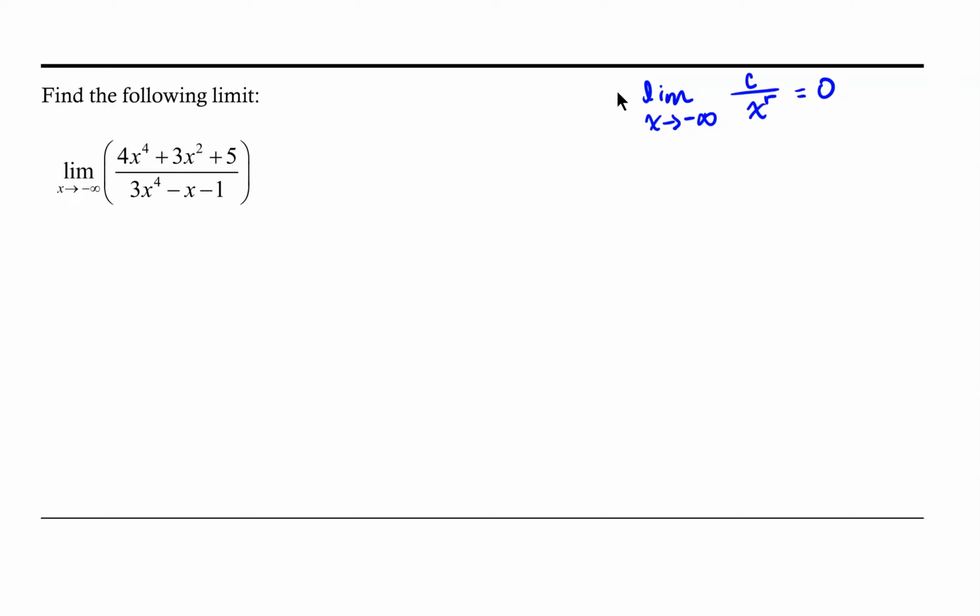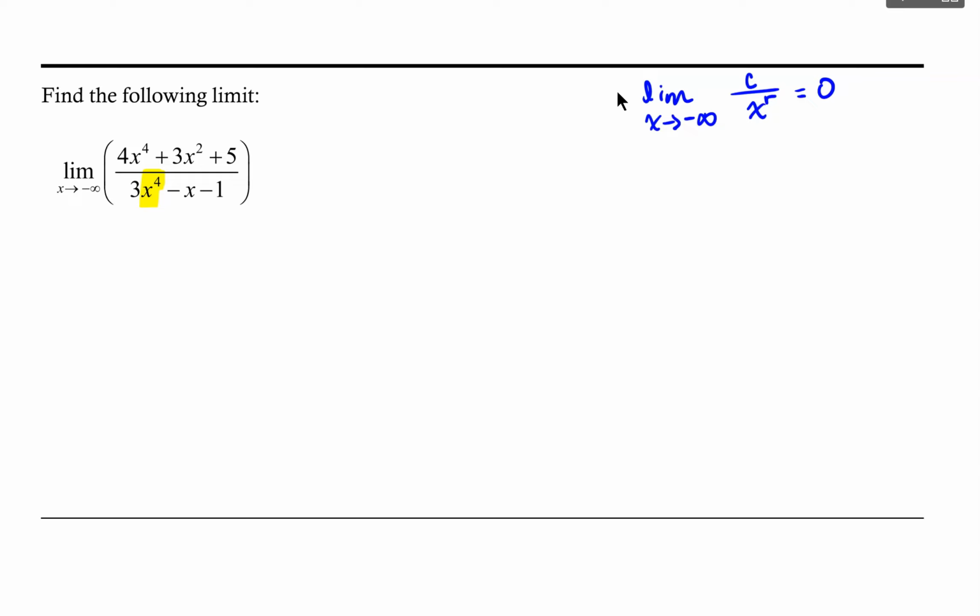Now, the function in its current form does not lend itself well to applying this property. So what we want to do is rewrite this function so that we can apply this property. So I'm going to look at the highest degree in my denominator, which is x to the 4th.